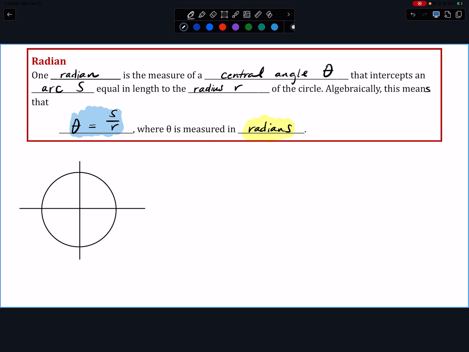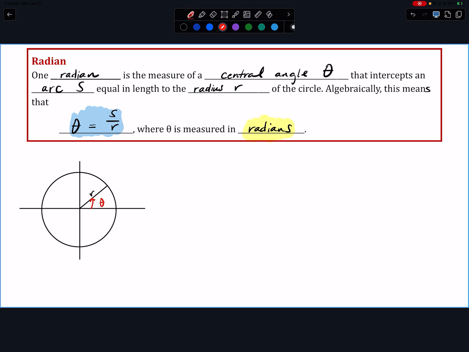So do you guys agree that the radius is the distance from the center to any point on the circle, right? So just to keep things simple, I'm just going to draw my radius that looks like that. Okay, so this distance is r. Then do you guys agree that this angle, whatever it is, is just theta?